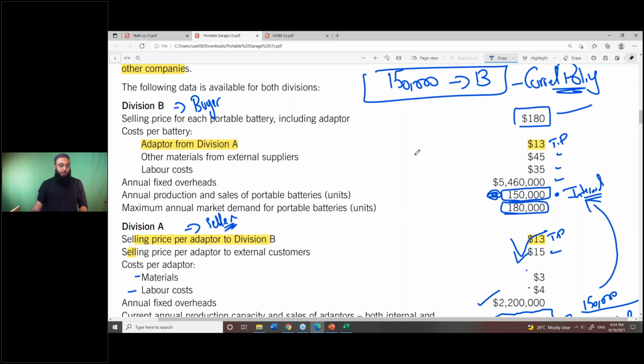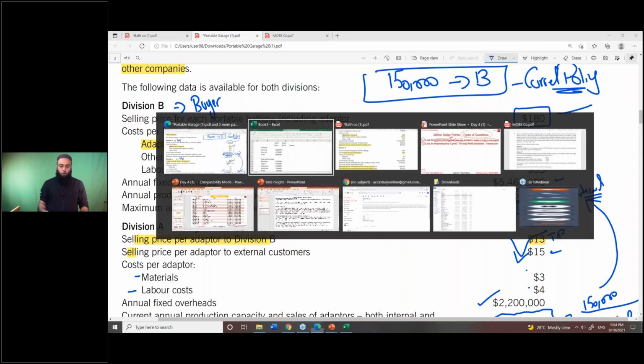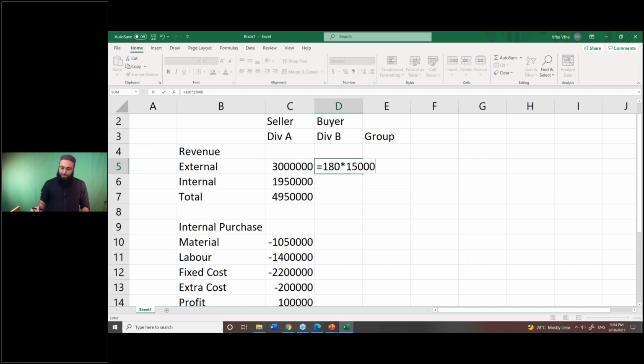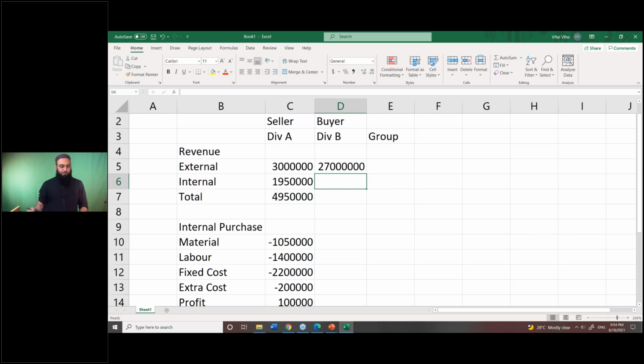Doesn't fulfill the entire demand. Okay. Right. So 180 into 150. Clear? Done. Next. Any internal sales? No, you don't make any internal sales. So the revenue is same.